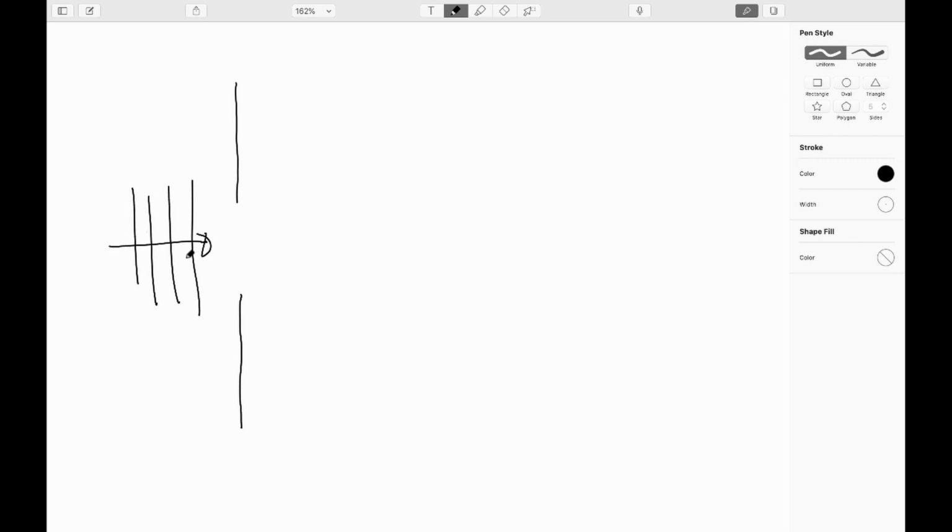So a plane wave is coming in on my slit, and I have a viewing screen over here somewhere. Again, the slit will be very small compared to the separation, but I need to get this all to fit in. What you'll find is that there will be some dark bands. So this would correspond to my first interference minimum.